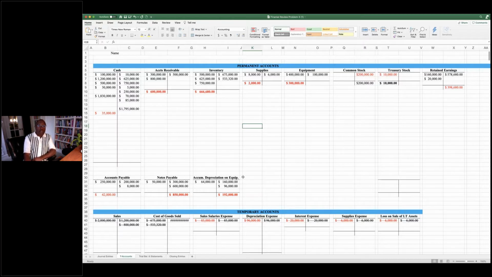And so the first thing we would do would be to put those balances in. So any question about the first number you see, those numbers simply come from the beginning balances. Any questions?